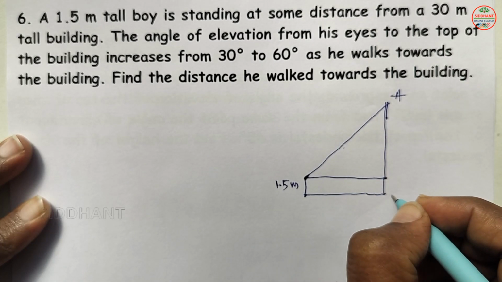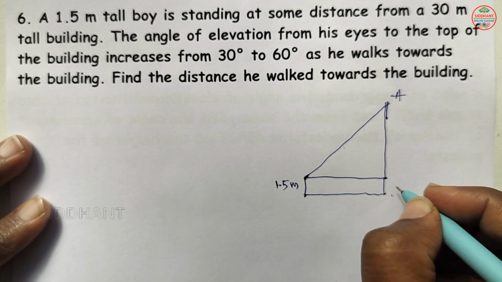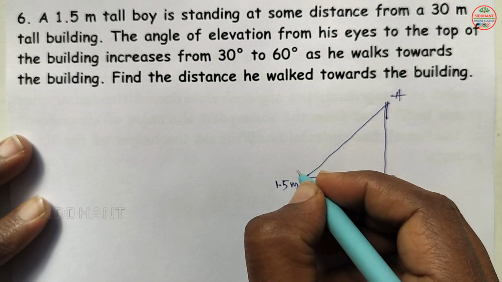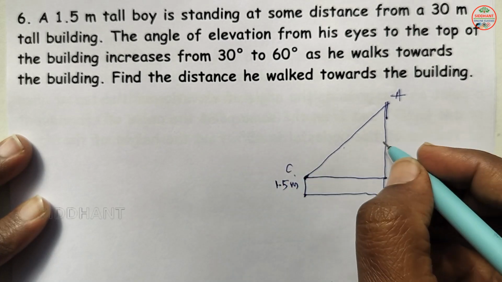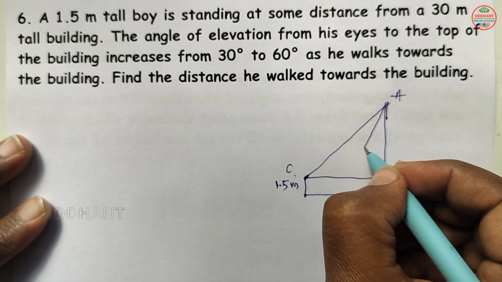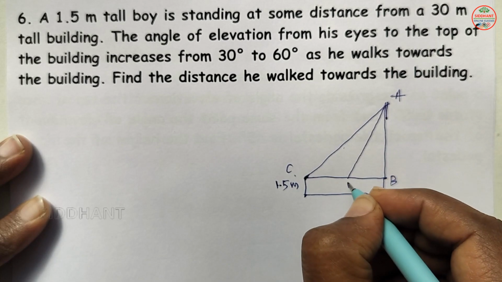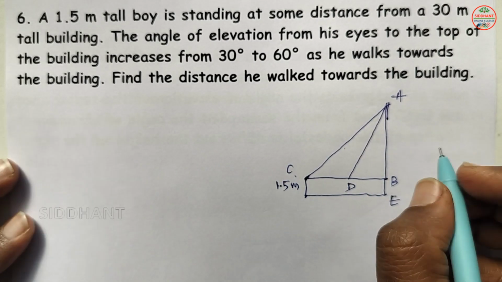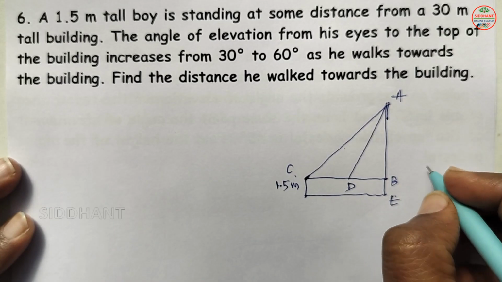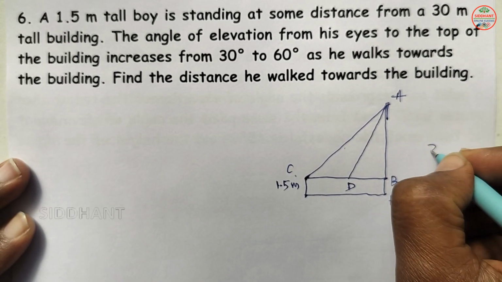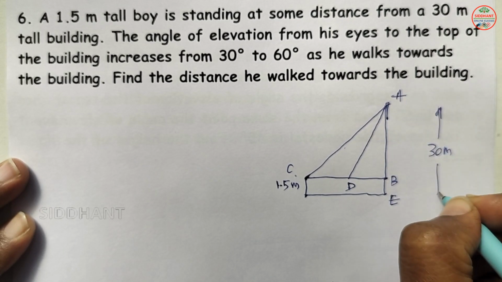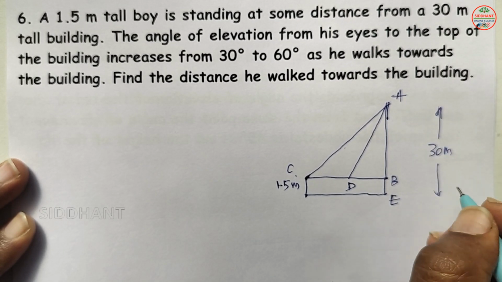This will be B, here C, and here in elevation we are going to take D here. So the height of the building here is total 30 meters. That means AE is 30 meters.